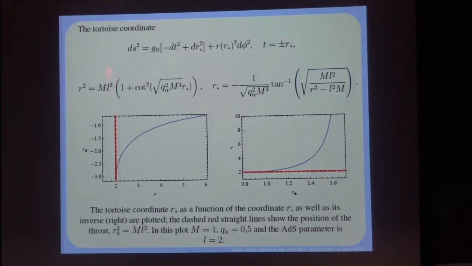As seen in the r coordinate, it goes to infinity. But when you put it in the r-star or tortoise coordinate, it goes to minus infinity. Right, so many things are easier in this coordinate.